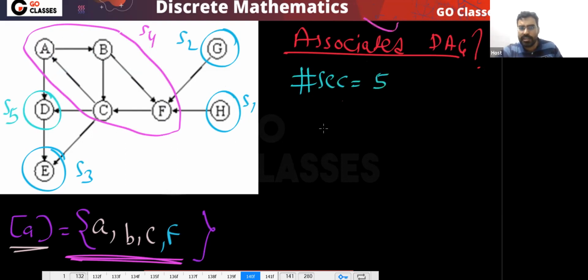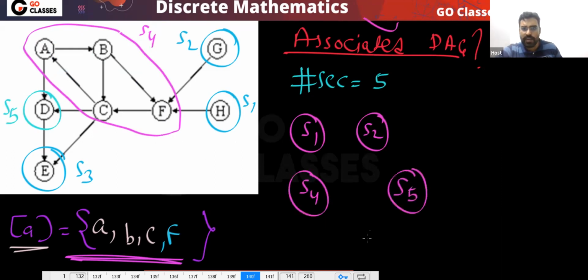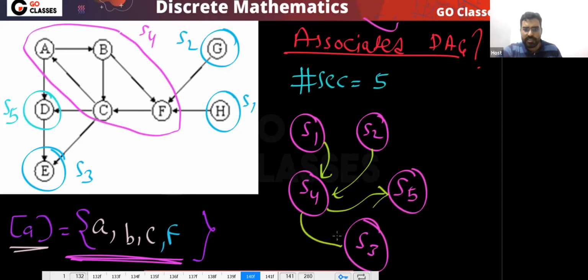So in the associated DAG, you will have 5 vertices: S1, S2, S4, S5, S3. You can notice from S2 to S4, and from S1 to S4, from S4 to S5, from S4 to S3, and S5 to S3.